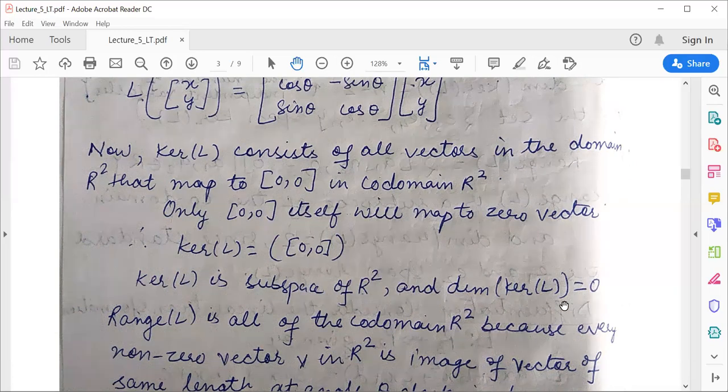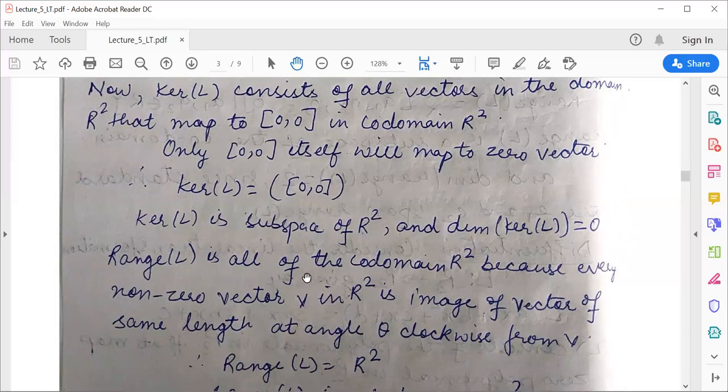The thing which I was telling you while defining the kernel and range: R square is a much bigger set. While defining the linear transformation, we put some restrictions over these vector spaces and define the linear transformation accordingly.